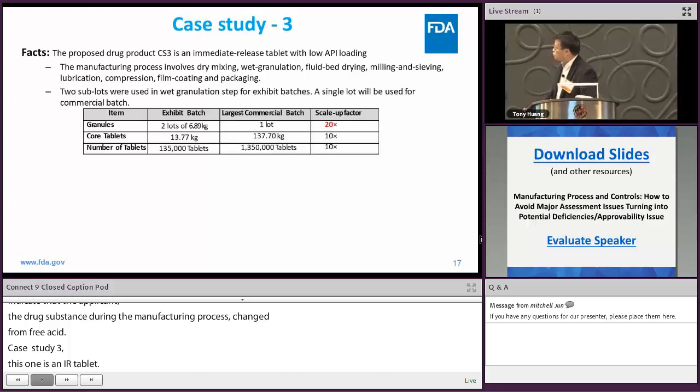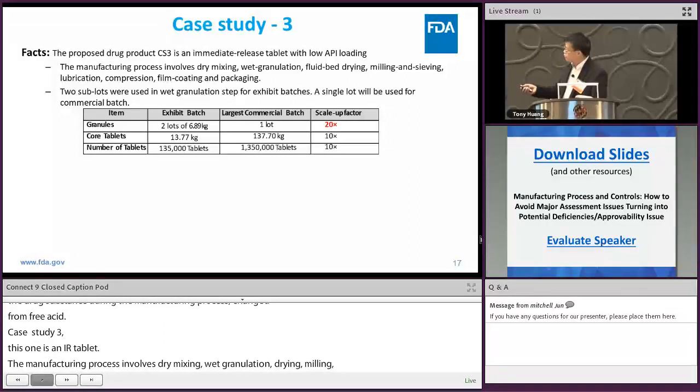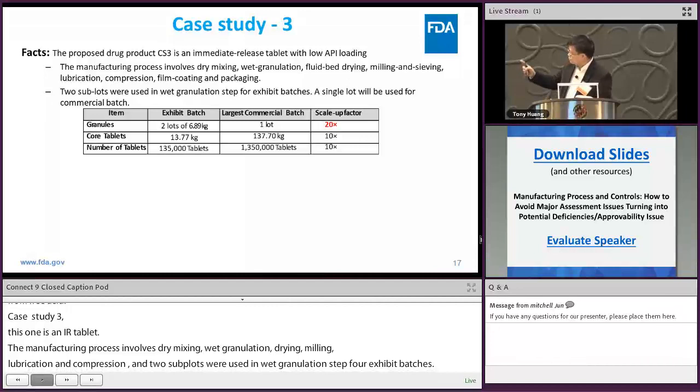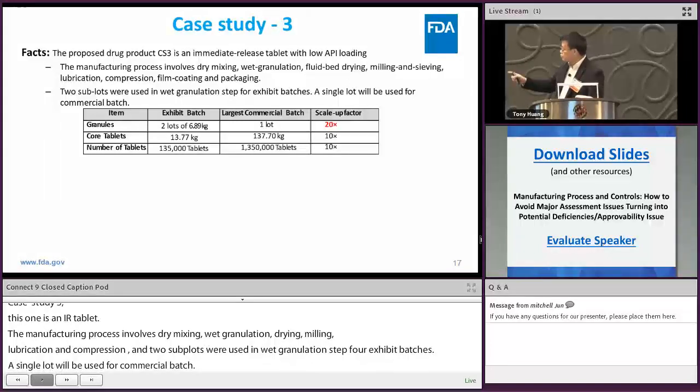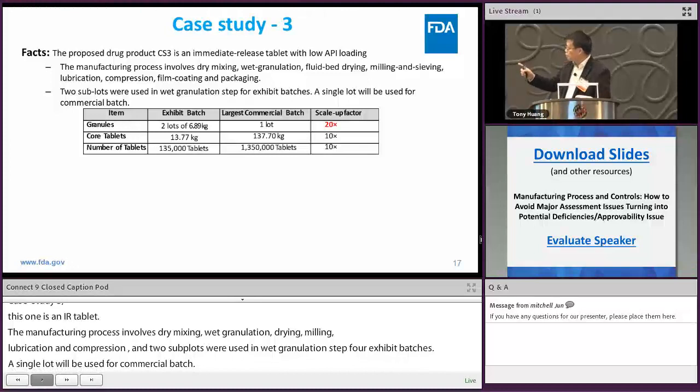And 2 sublots were used in the granulation step for exhibit batches. A single lot will be used for the commercial batch. For the exhibit batch, you can see that 2 lots of 7 kilograms of materials were used for granulation, and 1 lot of about 140 kilograms for the commercial production.